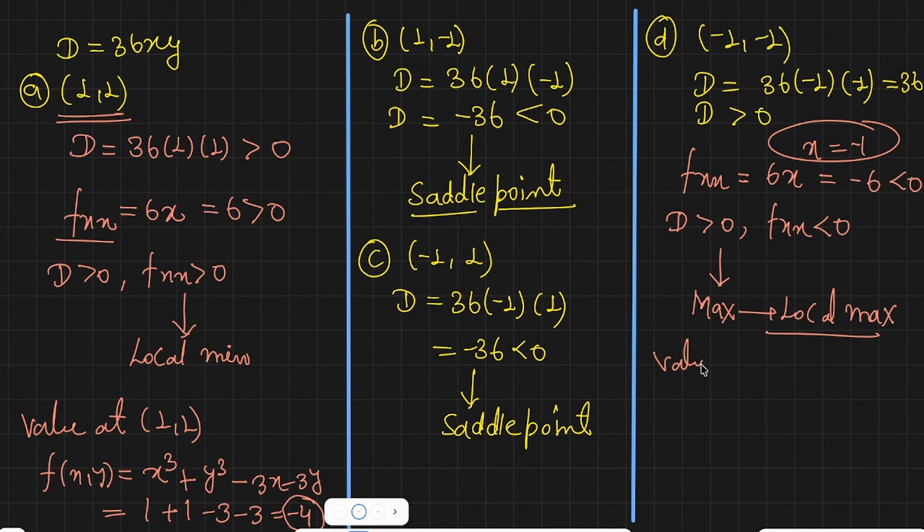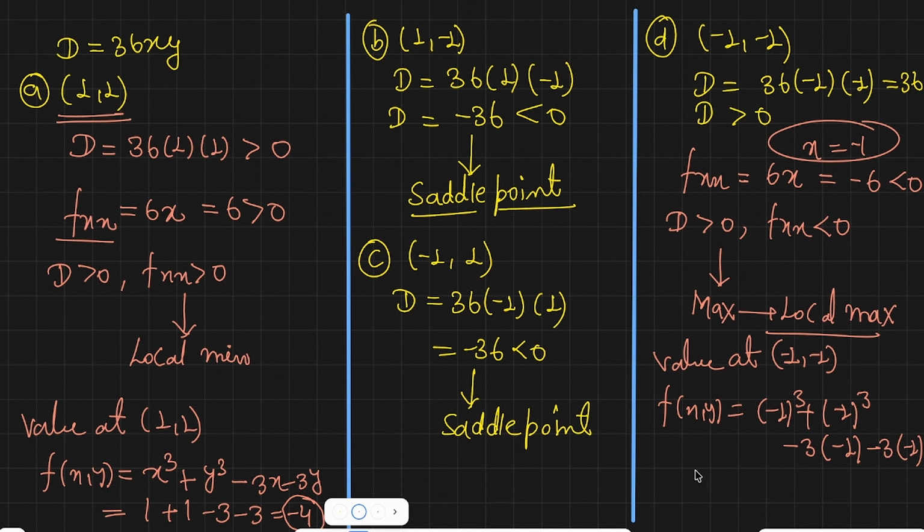What is the value at (minus 1, minus 1)? That is f(x, y) equal to minus 1 cubed plus minus 1 cubed minus 3 times minus 1 times minus 1, which is minus 1 minus 1 plus 3 plus 3, so 6 minus 2, it is 4.